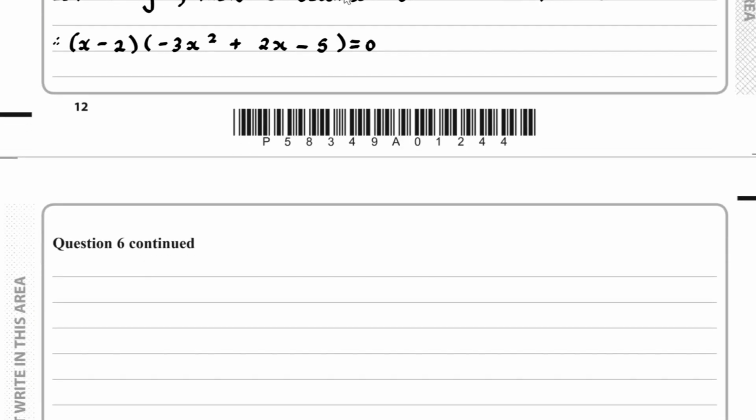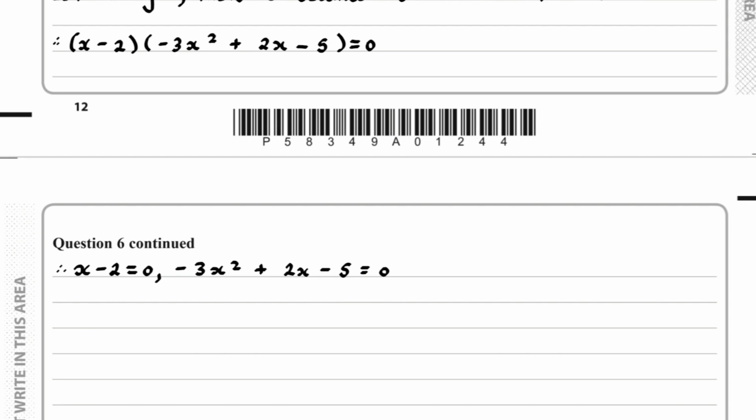And so we have x minus 2 equals 0, and negative 3x squared plus 2x minus 5 equals 0.